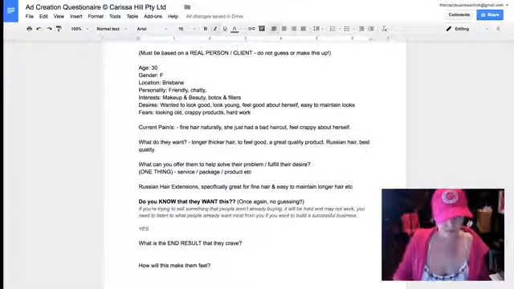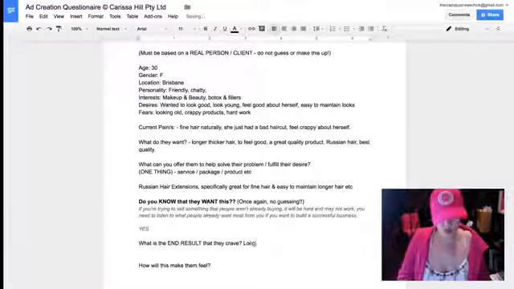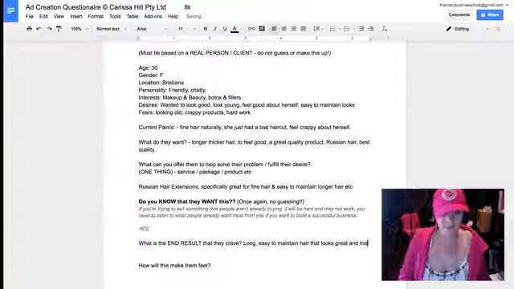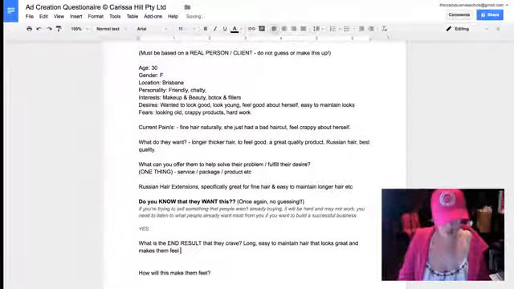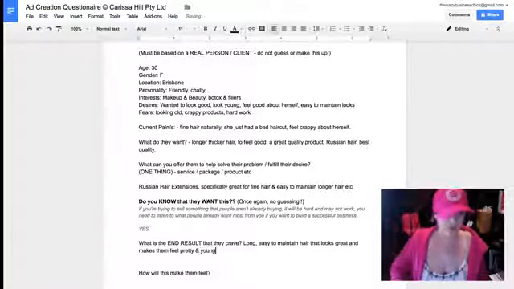What is the end result that they crave? Long, easy to maintain hair that looks great, makes them feel pretty and young.